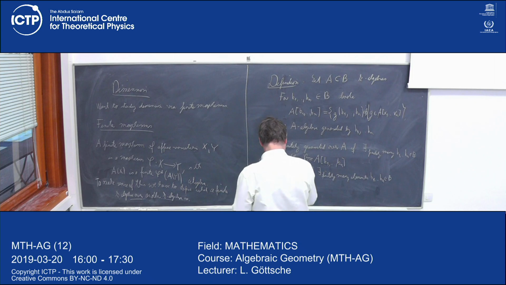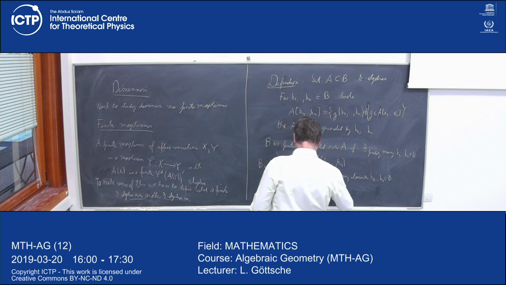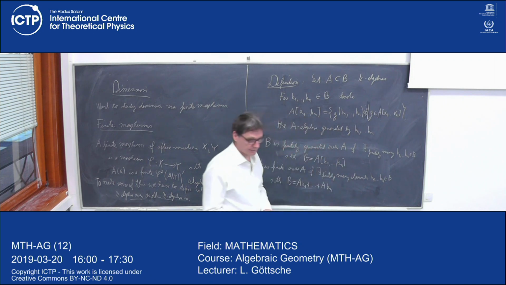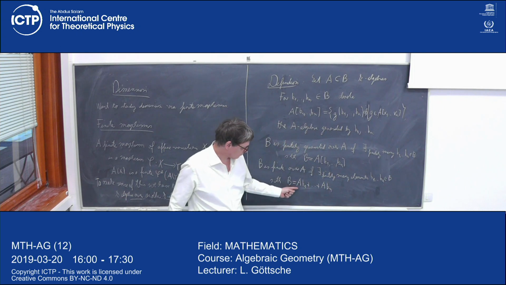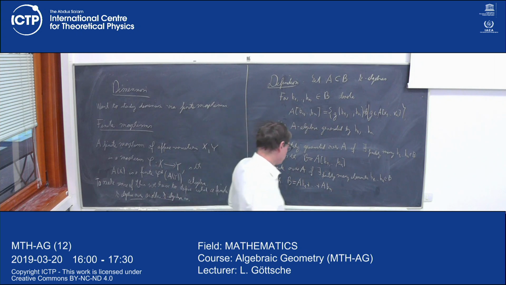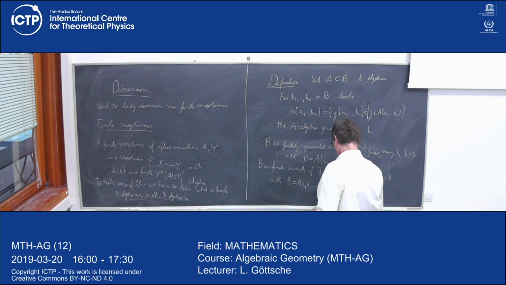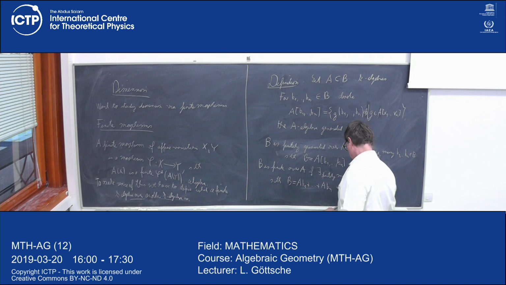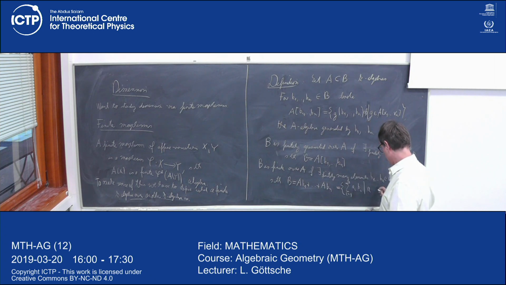So I could write such that B is equal to A B1 plus ... plus A Bn. So that means just every element in B can be written as a linear combination, the sum for i equals 1 to n of a_i B_i with a_i in A.